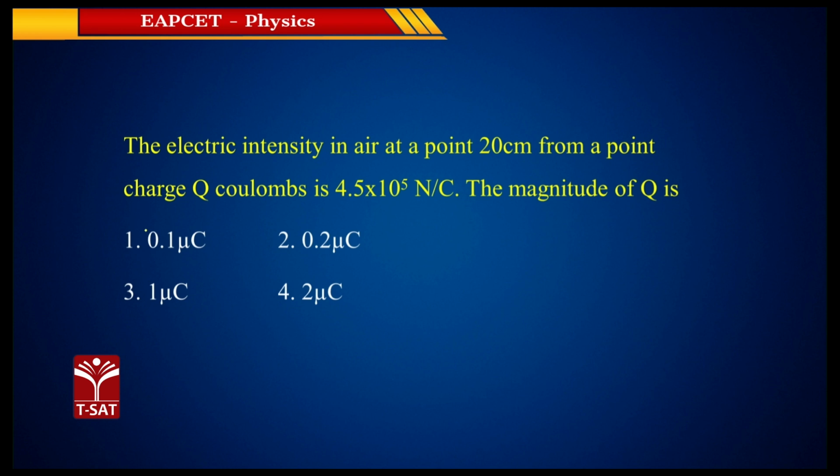The magnitude of q is, you know that children, the formula is E equals 1 by 4 pi epsilon naught, q by r square. According to this equation you find out the q value.